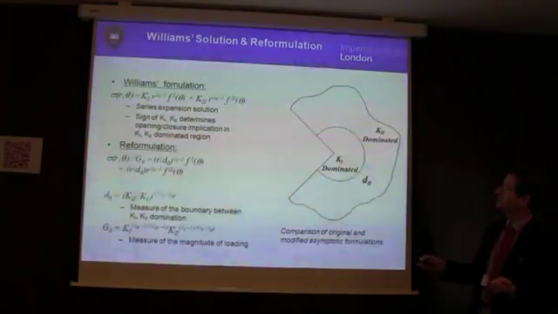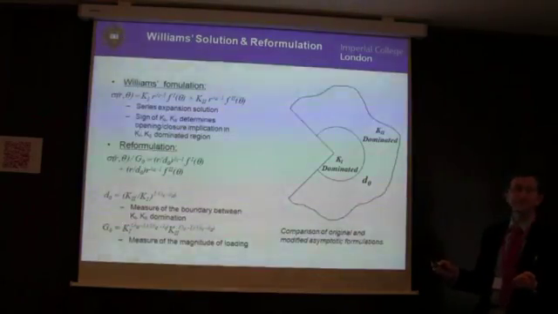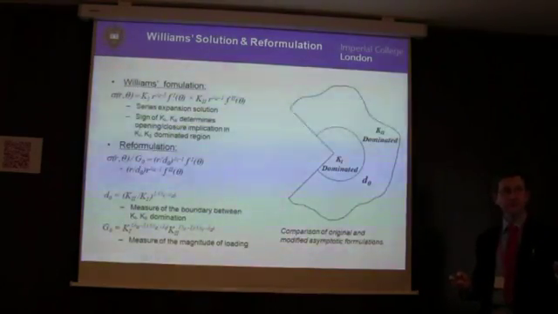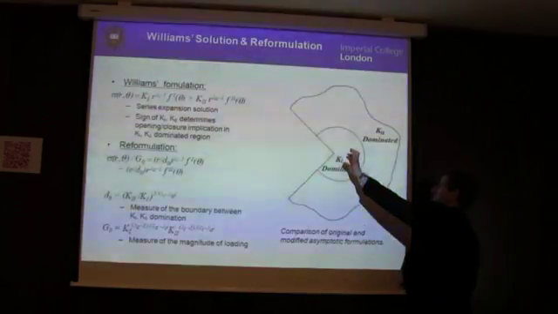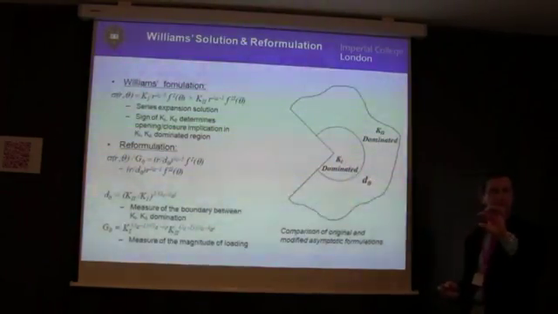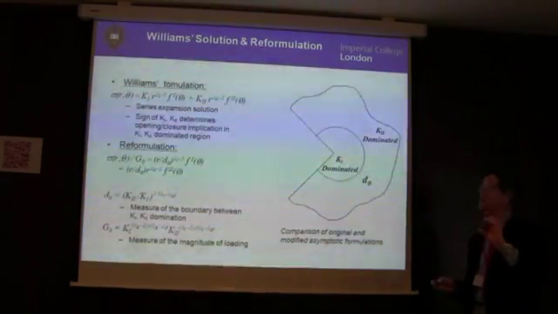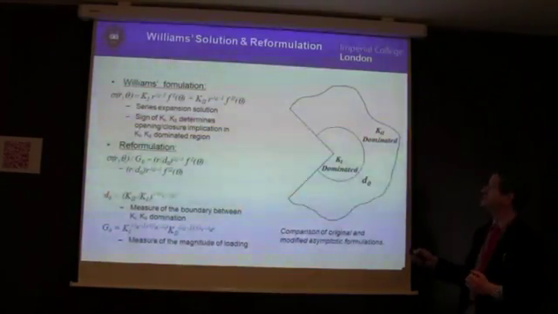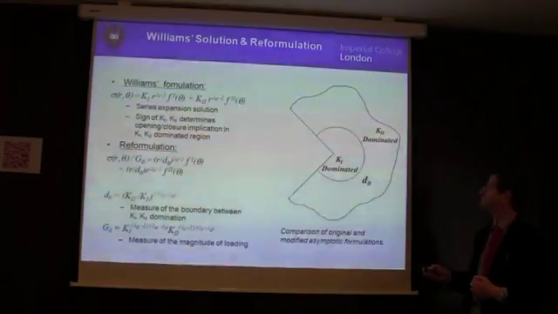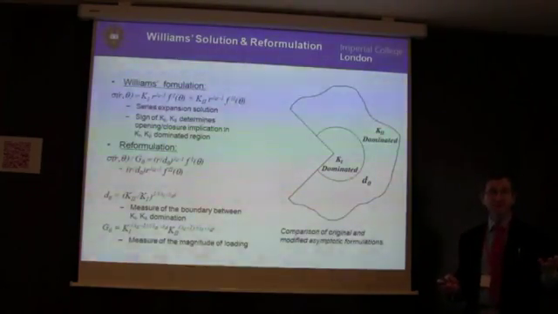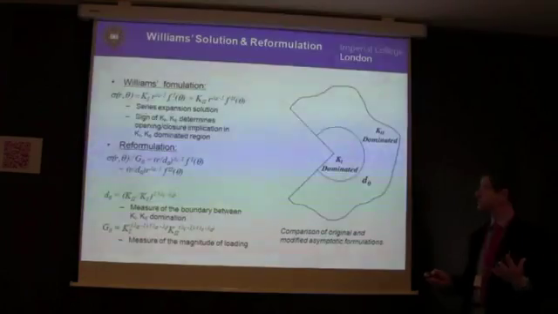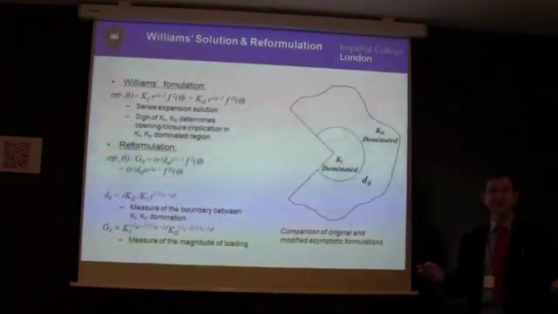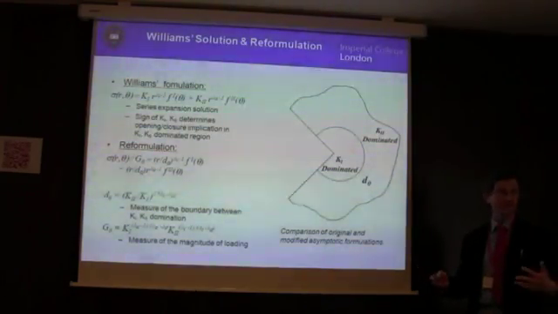You see, we know that this term is more strongly singular than this term. So we know that if we get very close to the corner of the problem, the notch root, this term is going to be more dominant than this mode 2 term. And yet it's not at all obvious what we actually mean by that, because after all, in this problem there is no length scale, or at least no physical length scale.